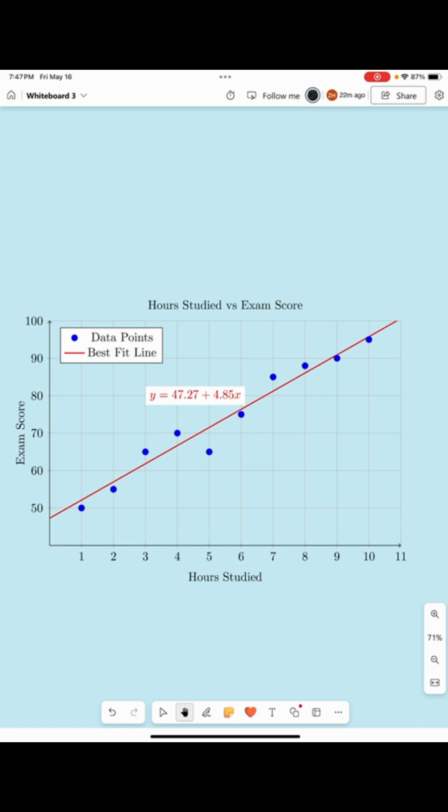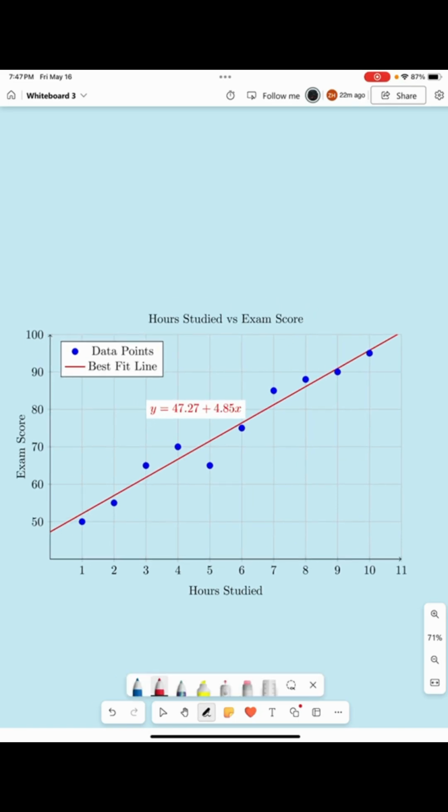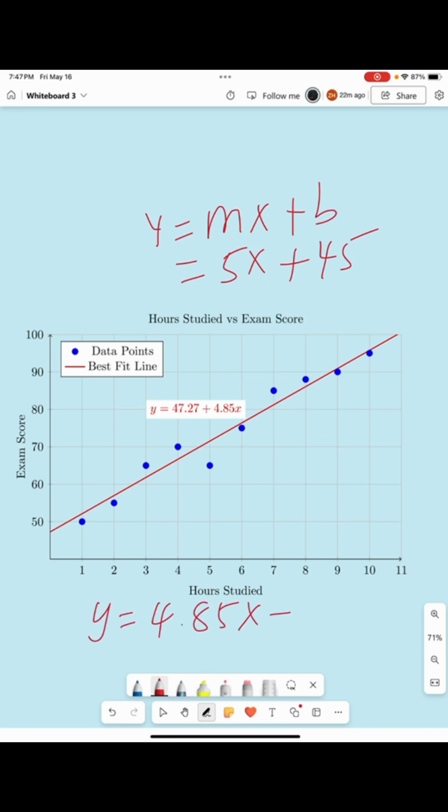So our own estimate was y equals mx plus b, which we called 5x plus 45. Yeah, we are close. This one gives us y equals 4.85x plus 47.27. Because this is done by the software, it is more precise, but ours also is close.